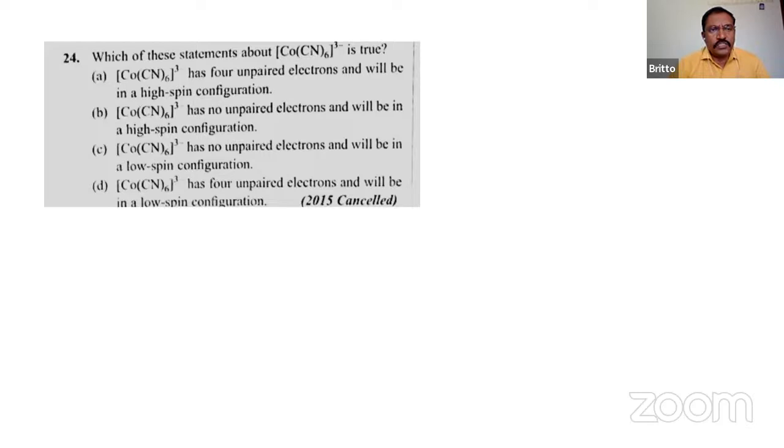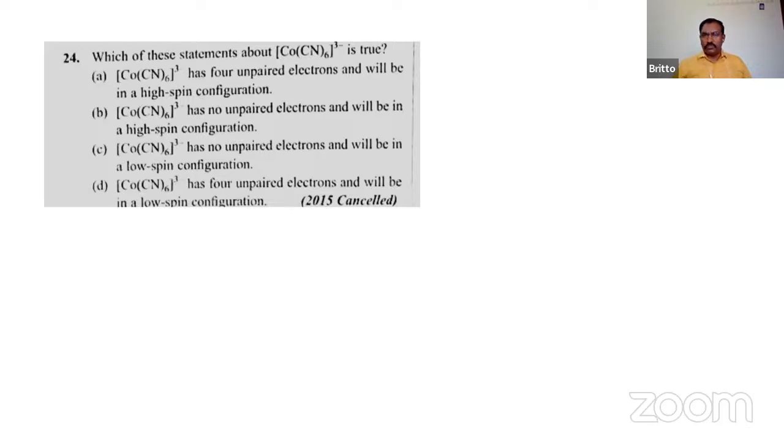Then: it has no unpaired electrons and will be in a high spin configuration. Then: it has no unpaired electrons and will be in a low spin configuration. And then: it has 4 unpaired electrons and will be in a low spin configuration.